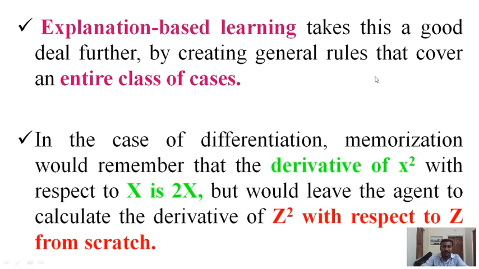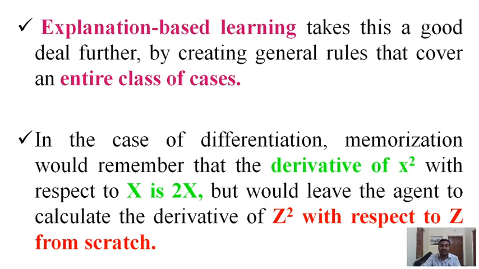So in the case of differentiation or memoization, we could remember that the derivative of x square with respect to x is 2x. Already we derived this, but we would leave the agent to calculate the derivative of x square with respect to x from scratch.